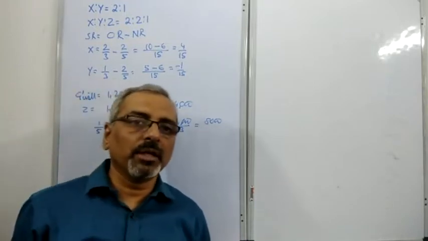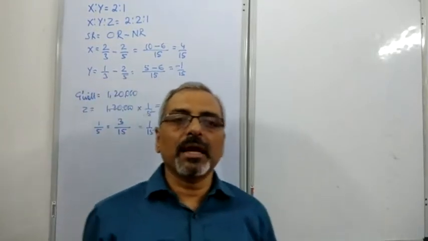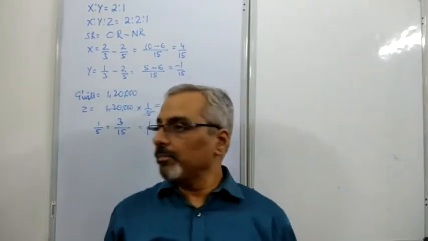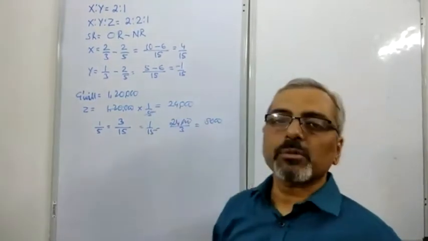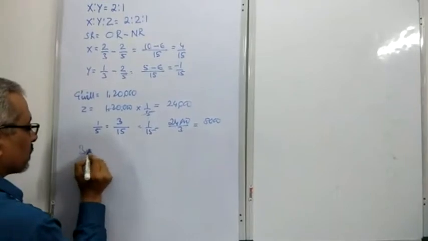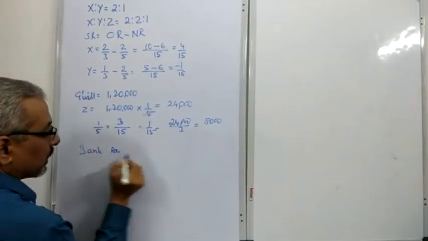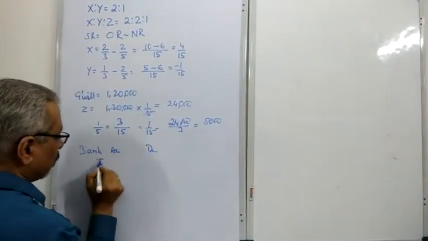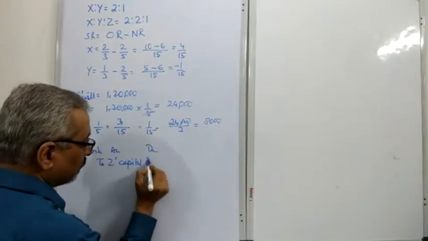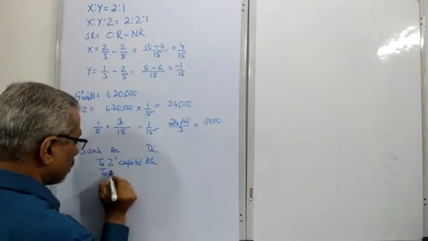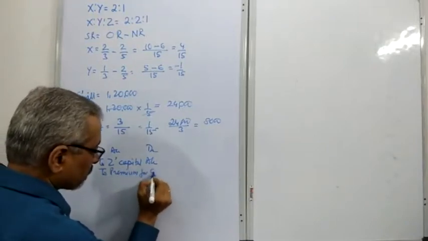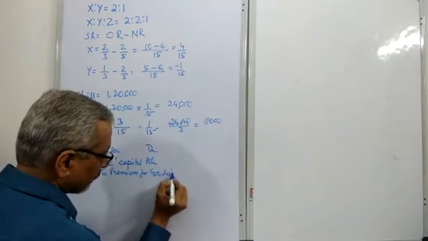So we see very carefully, the question has said that the capital brought in by the partner is 1,50,000 and the premium for goodwill we have just now calculated is 24,000. The first journal entry will be bank account debit to Z's capital account to premium for goodwill.